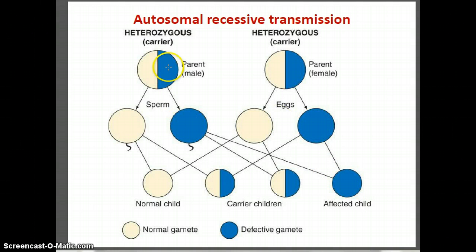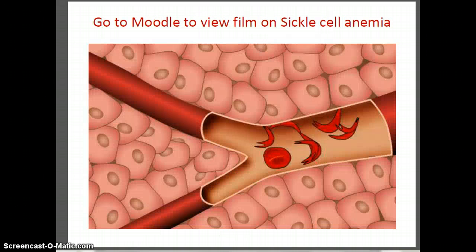So in this case, both parents would have to be carriers in order for, on average, 25% of their offspring to be affected. There is a film on the Moodle page that you can click into that shows you some more information about sickle cell anemia.